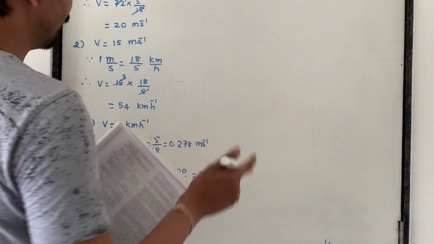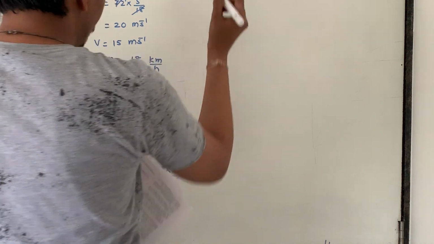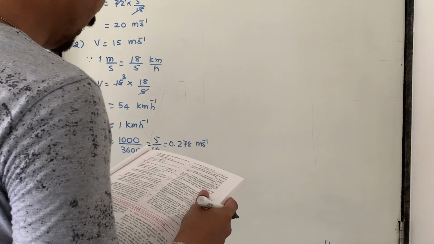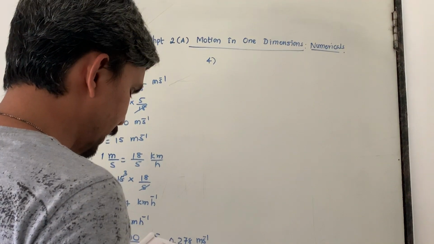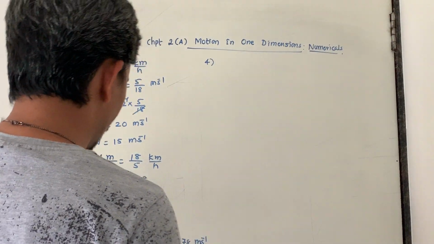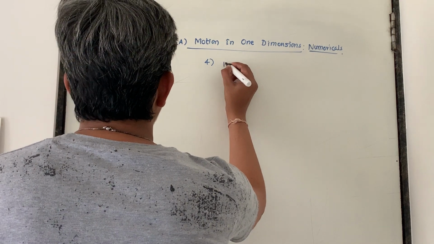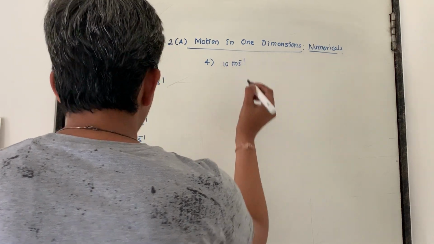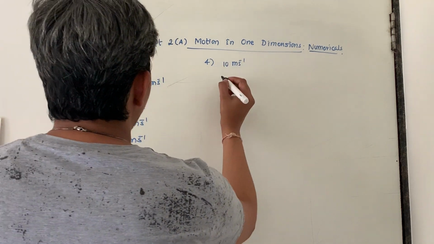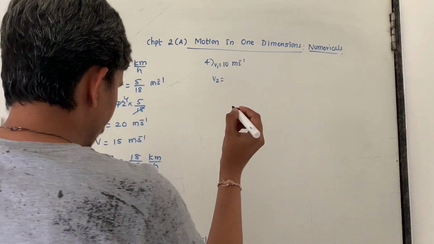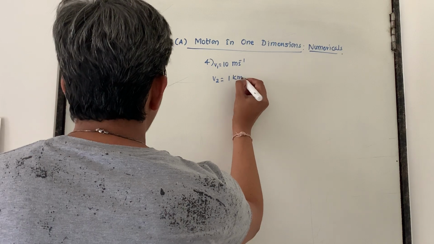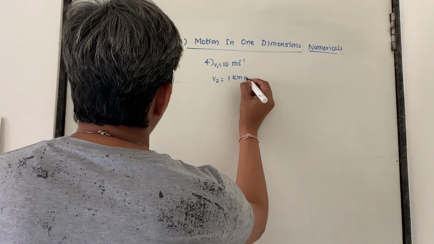Check the fourth one. What is given in the fourth? Arrange the following speeds in increasing order: meter per second, kilometer per minute and so on. First, 10 meter per second is given, I will write this as V1. V2 is given as 1 kilometer per minute.